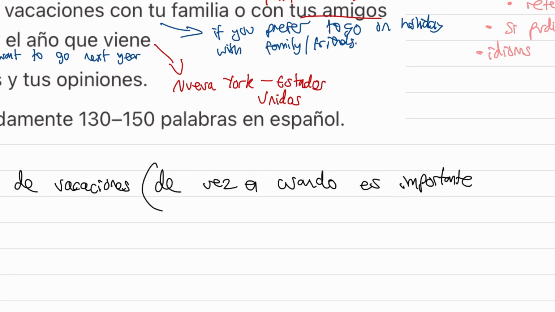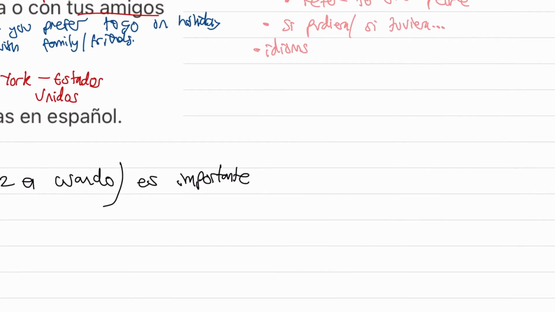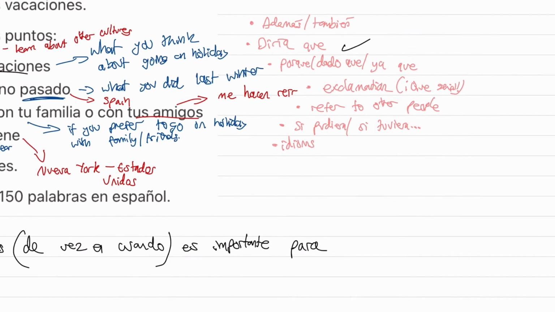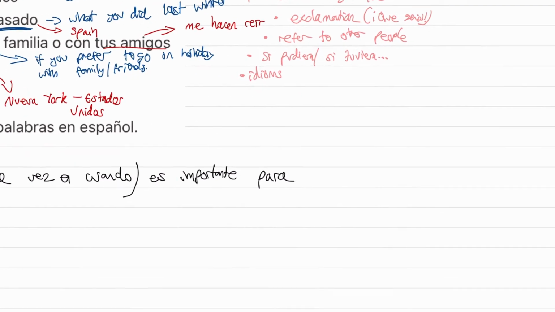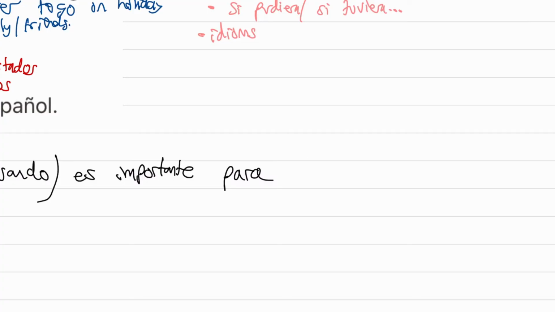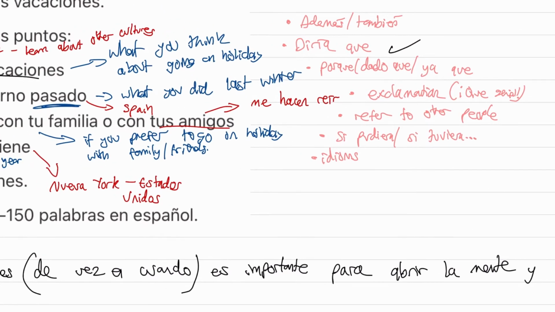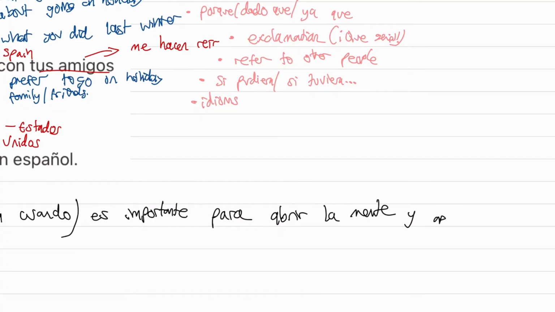Or I guess I could put the time phrase here after es importante. It works both ways. Es importante, and the reason why, para, we've said one thing about learning about new cultures. Es importante para abrir la mente, so open your mind, y aprender, so learn about, aprender, oops, my handwriting's not very good.